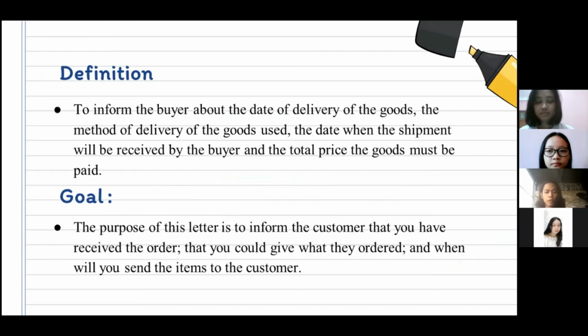So in short, a dealing with order letter is a short summary of the ordered goods that the seller received before. The goal of this letter is to inform the customer that you have received the order, that you can provide what they ordered, and when you will send the items to the customer.